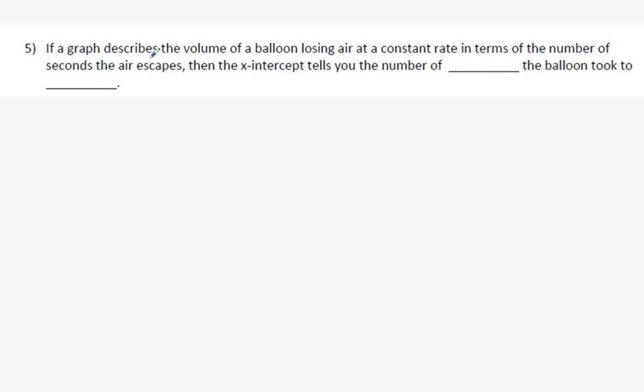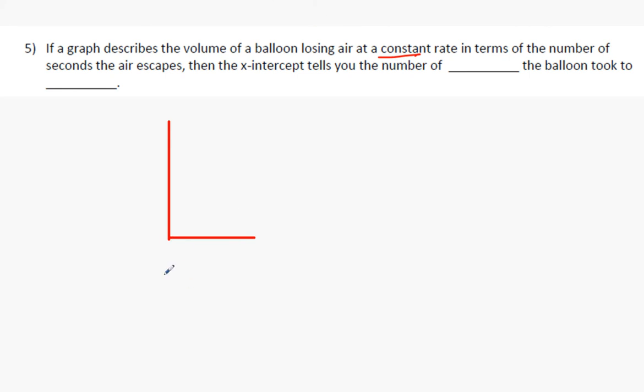If a graph describes the volume of a balloon losing air at a constant rate, this is important, in terms of the number of seconds the air escapes, the x-intercept tells you the number of blank the balloon took to blank. Right? So what is this graph comparing? We don't have any numbers, but that's okay.